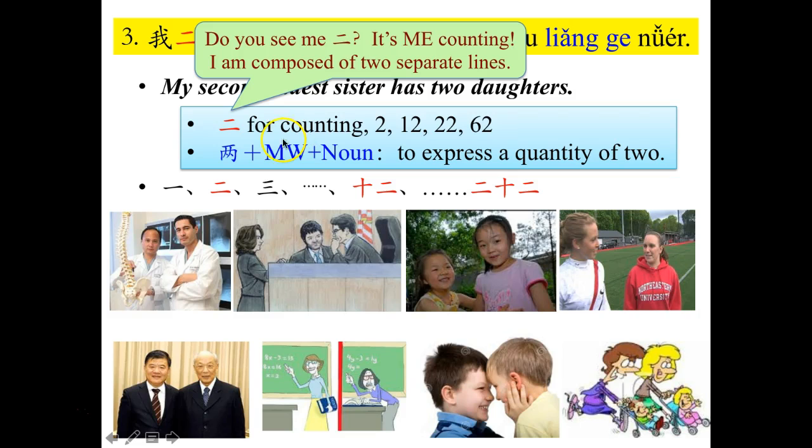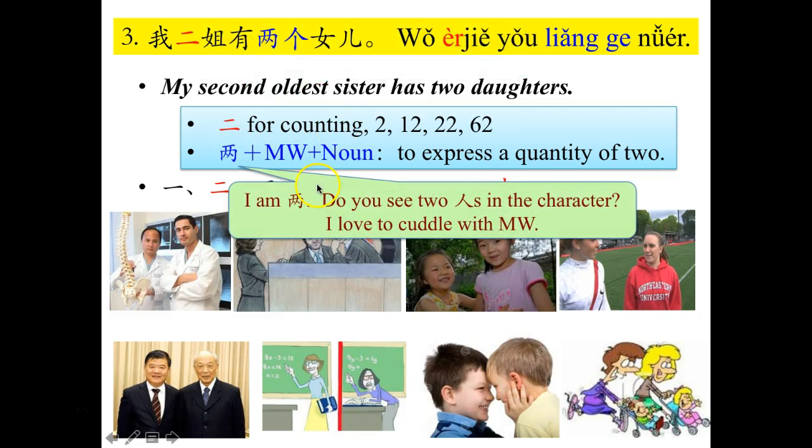好, now 两. Okay. 两 is for using in front of a measure word. 好, look at 两. Here you see there are 2 persons in this character. So this 两 loves to cuddle with a measure word.